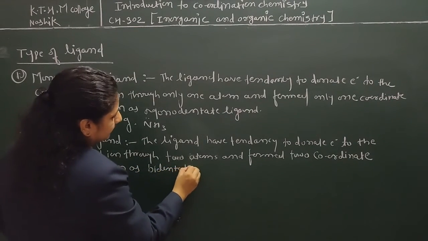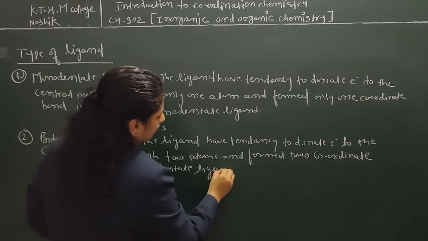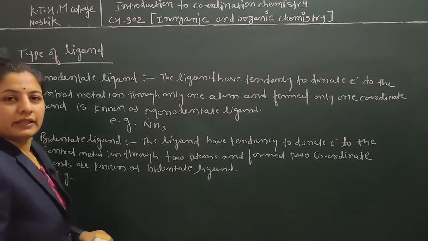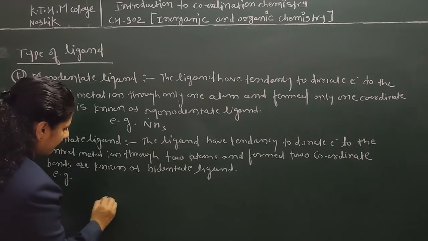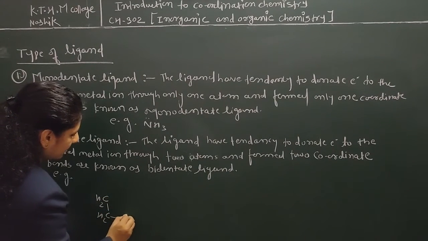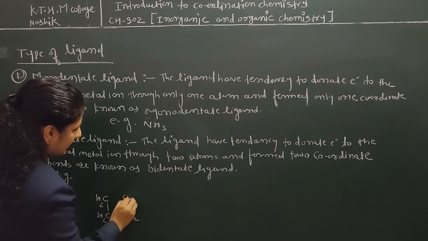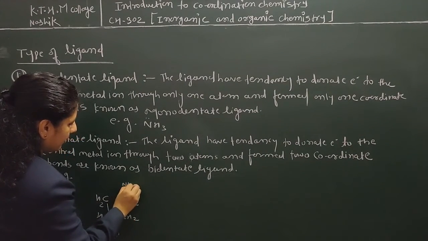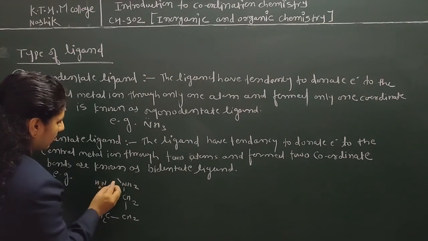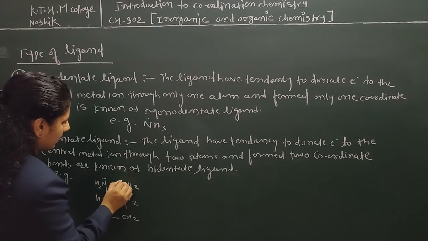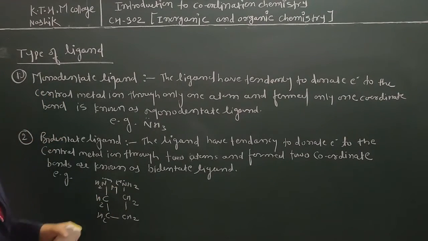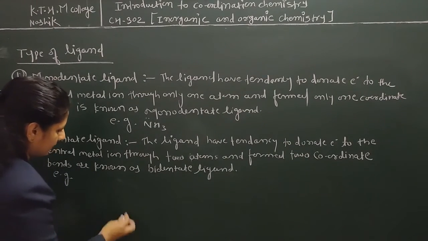An example of a bidentate ligand is ethylene diamine. As we know, ethylene diamine has two amine groups. It can donate through these two amine groups to the metal atom.